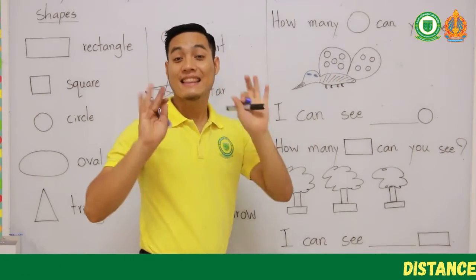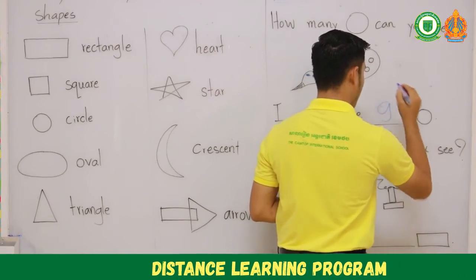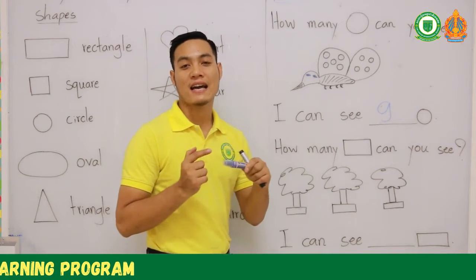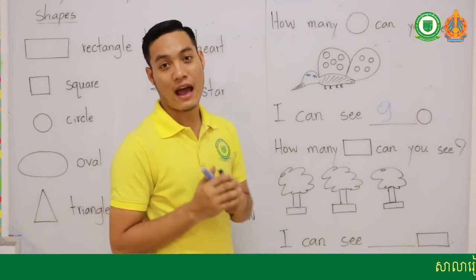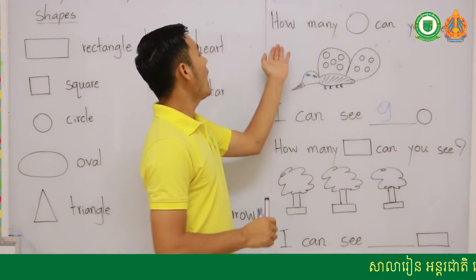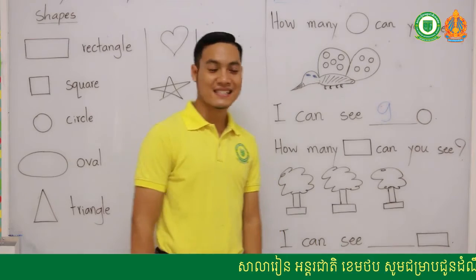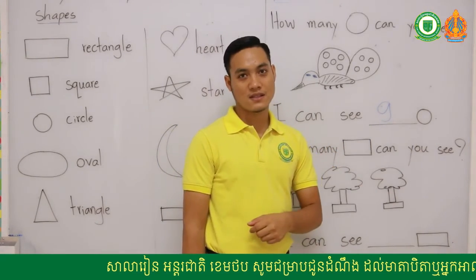I can see 9 circles. Right. So over here you need to put number 9 because after counting you see 9 circles. You understand this? Okay, so let's answer the question together. How many circles can you see? The answer is I can see 9 circles.